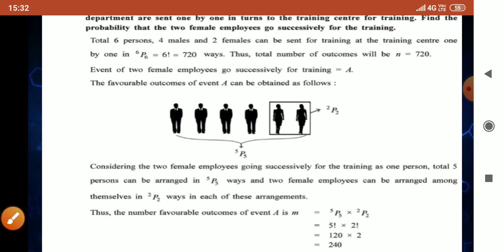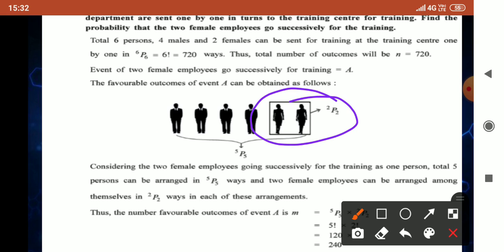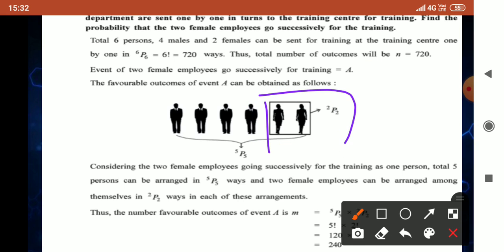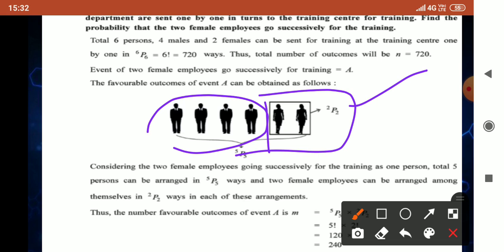Now the condition is that the girls will go successively, meaning both the girls will go together. First of all, internally we will arrange the girls in 2P2 ways. Now we will make a group of girls, that is, the 2 girls will be included in one group. So one group plus 4 boys, total 4 plus 1, which is equal to 5.